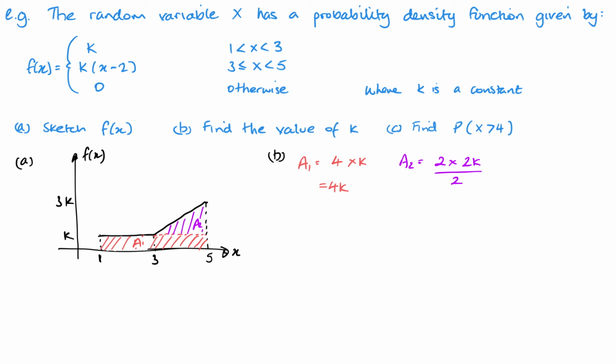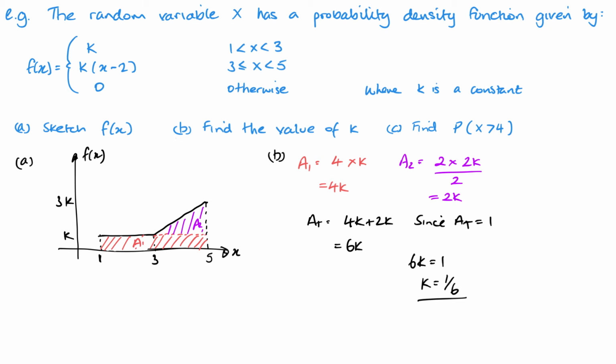And of course we're dividing by 2. So that's going to give me a total of 2k there. That means my total area is 4k plus 2k, which is 6k. Now I know that the area must equal 1. So since my total area equals 1, we get 6k equals 1, k equals 1/6.